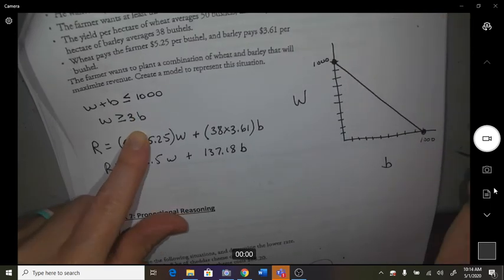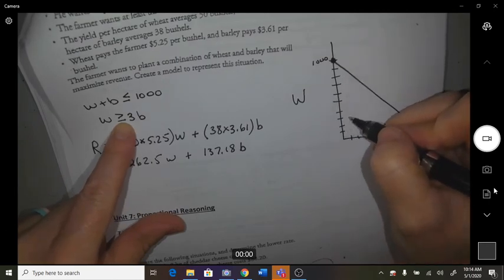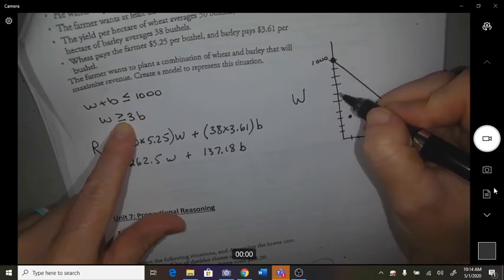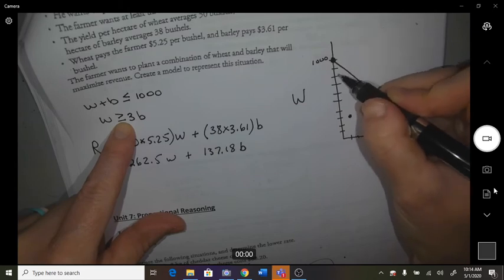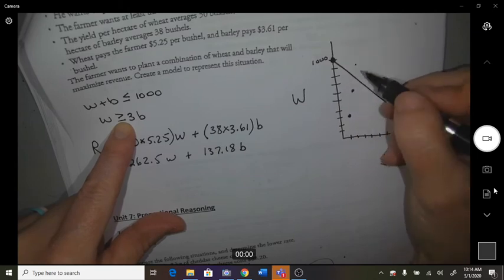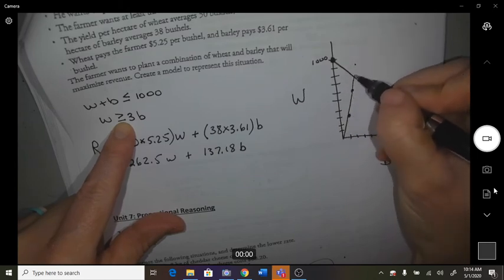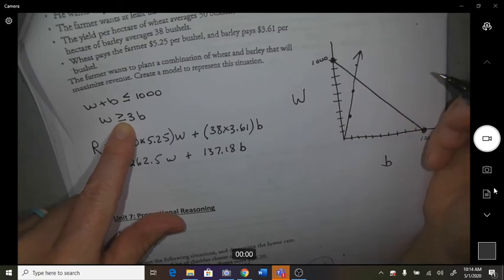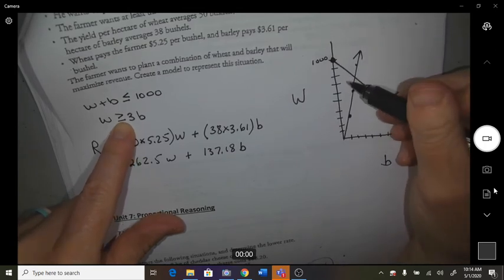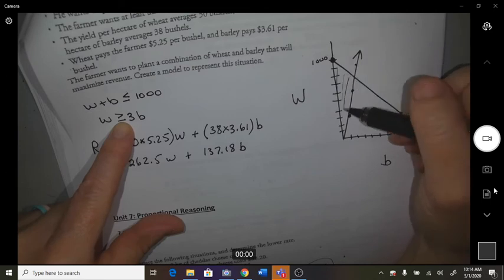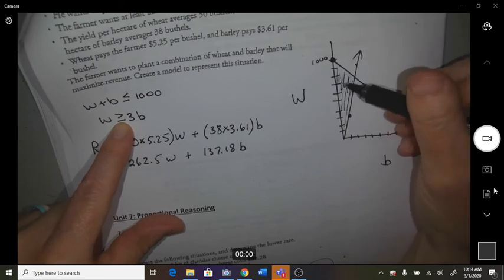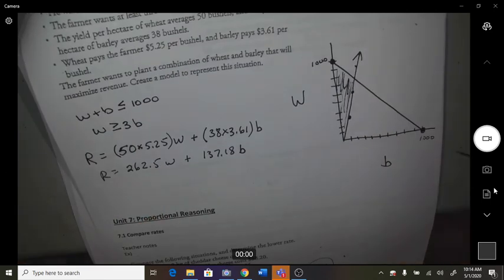You're below that, and then this, we're going to go up 3 over 1, and we have to be greater than that. So we're in this zone. And you don't have to be whole numbers, so you can have 5.2 hectares.